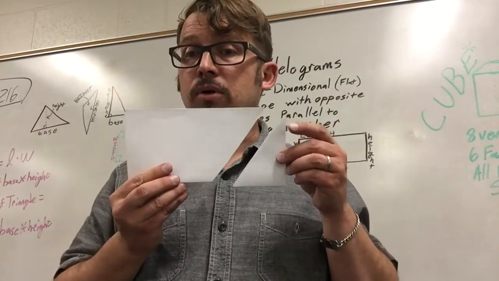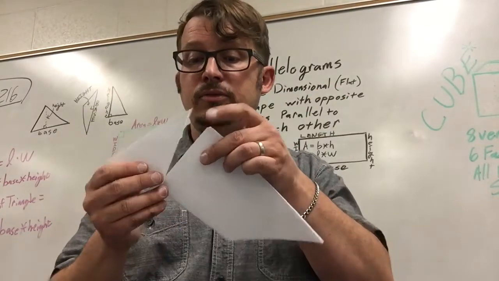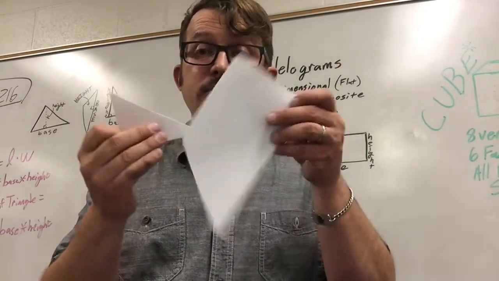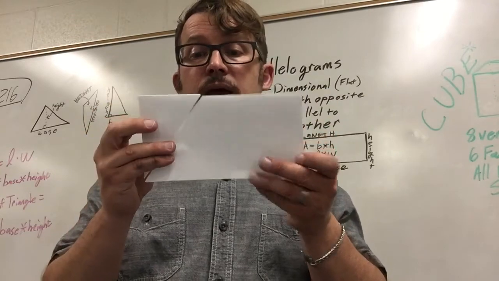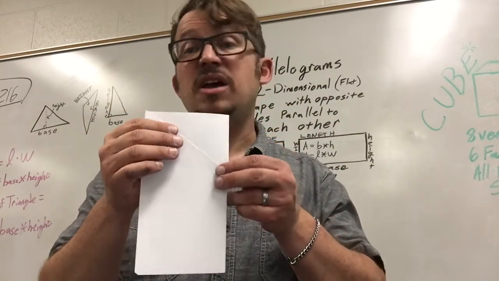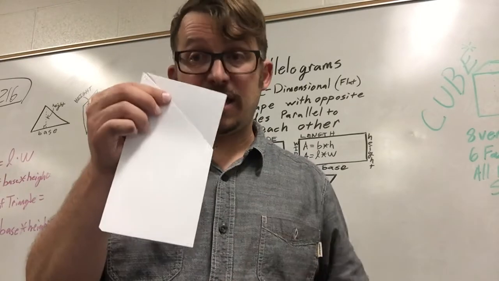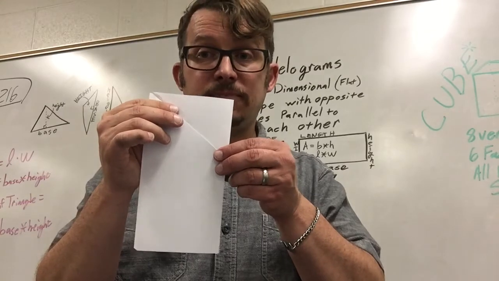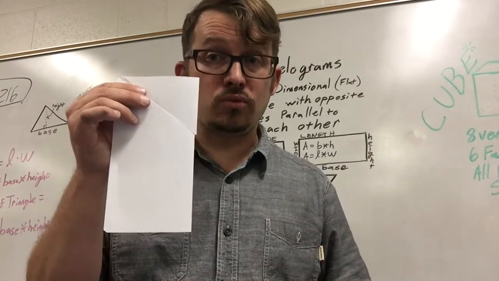Now, if you look, this is the piece I cut off down here. If I take that piece and bring it around and magically glue, fuse, tape, otherwise attach, it's now a rectangle. Those match up lovely, making 4 right angles.